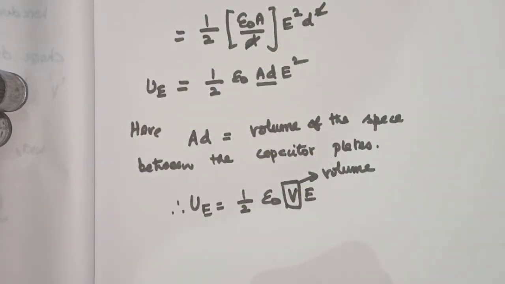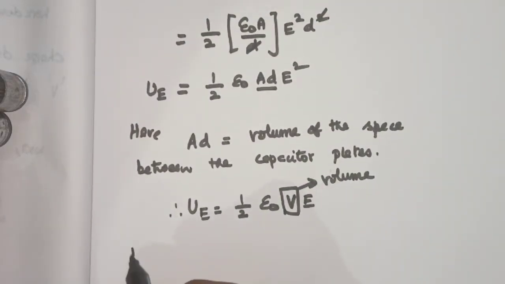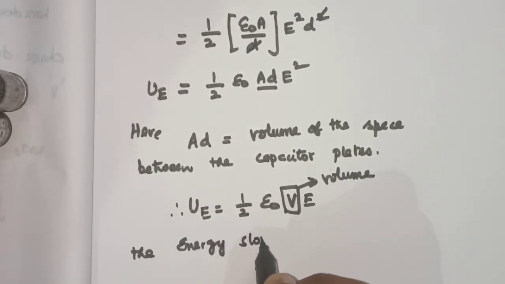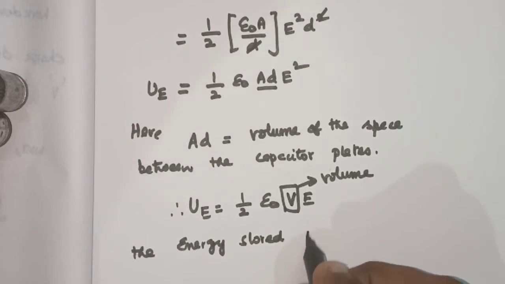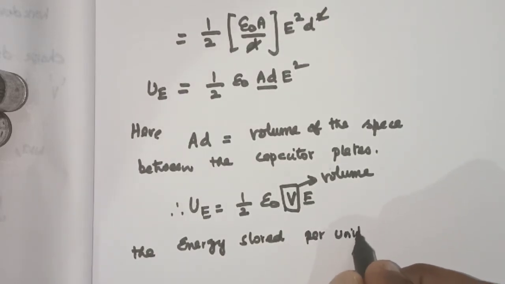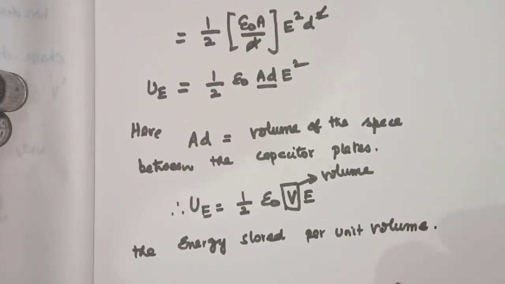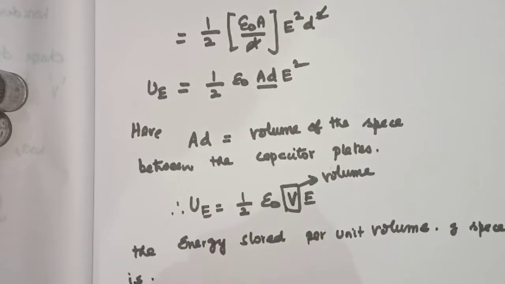Okay, so the energy stored per unit volume of space is given by, that is UE divided by volume.